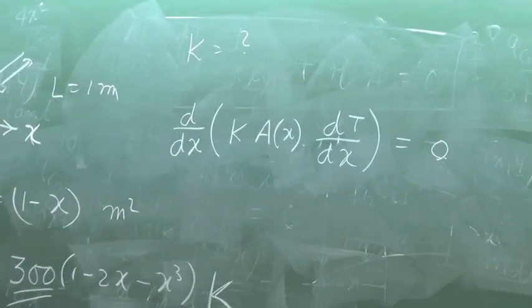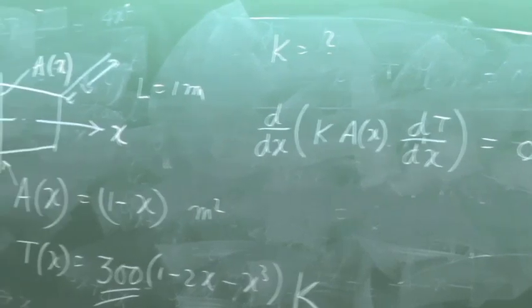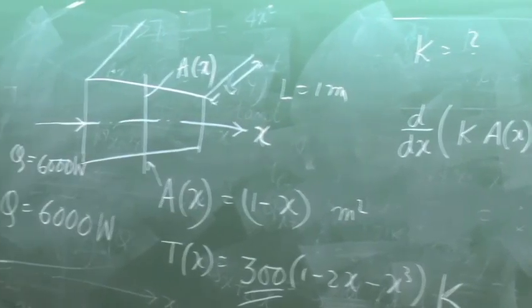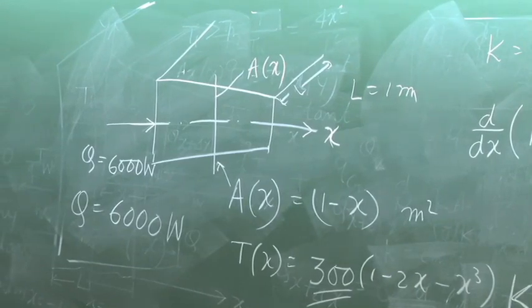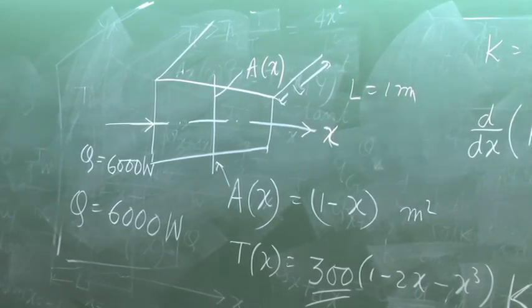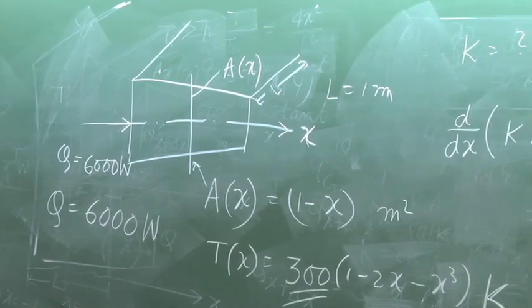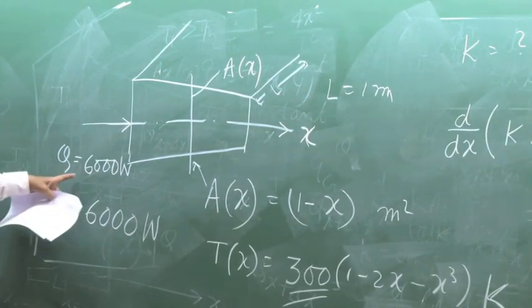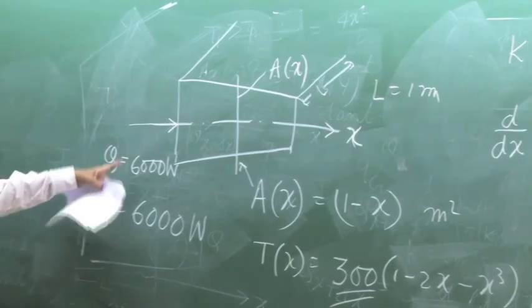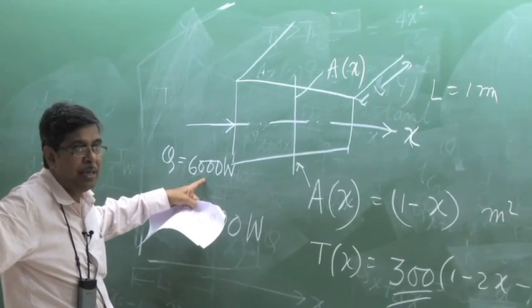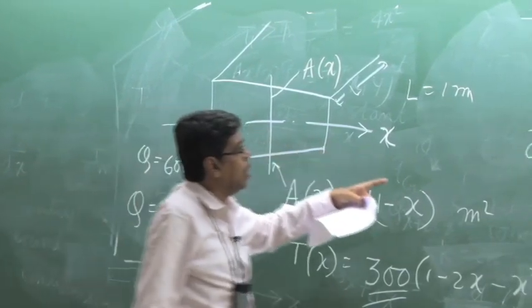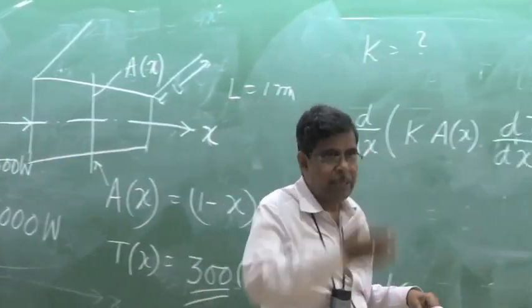That means K A(x) dT/dx is 0. But we are not interested in the temperature distribution. Temperature distribution is known. So we are not interested in this. So what we have to do to find out the K? We know the heat flux, steady state, total heat transfer, not heat flux. I am sorry, here the heat flux will not be constant, because it will be times the area.